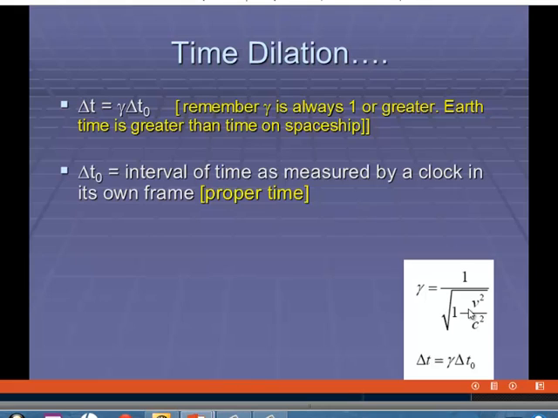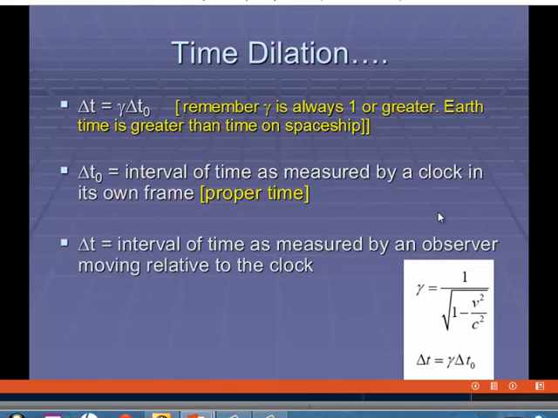The time interval, or proper time, is measured by a clock in your own reference frame, whilst the change in t, delta t, is the interval time measured by an observer moving relative to that clock. And that is the symbol for the Lorentz factor. So these are the key things about time dilation.